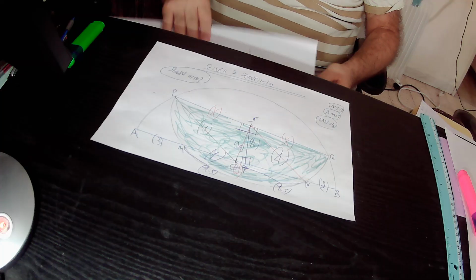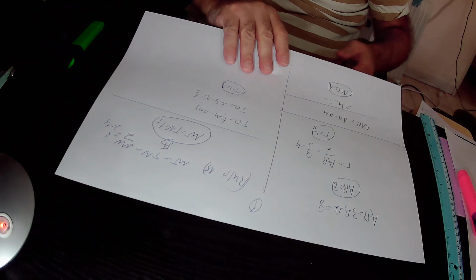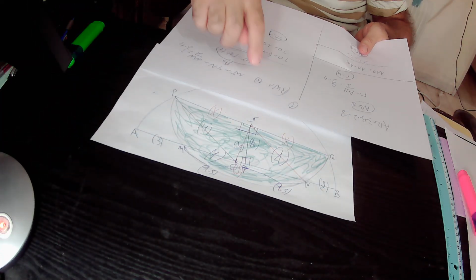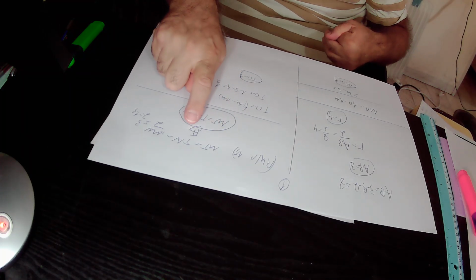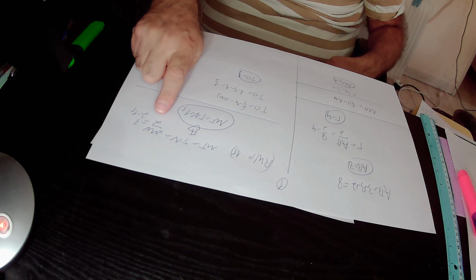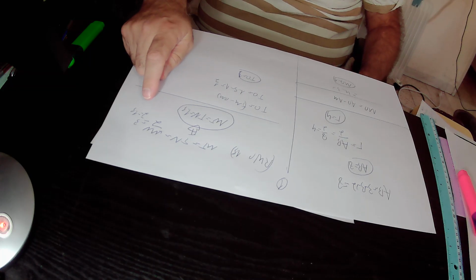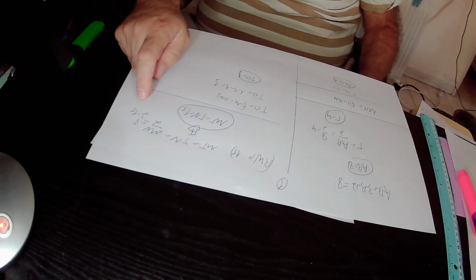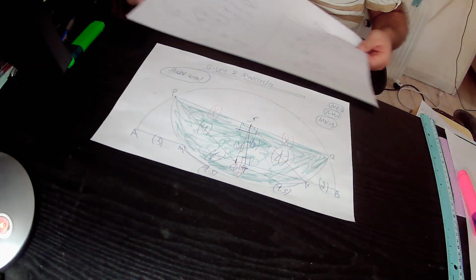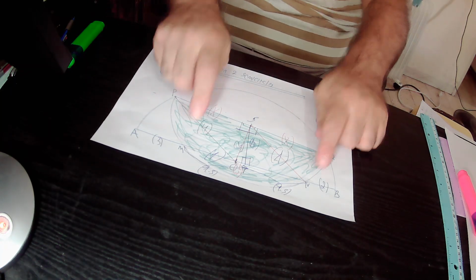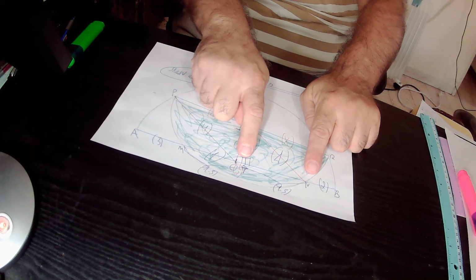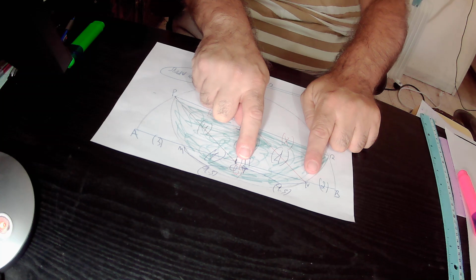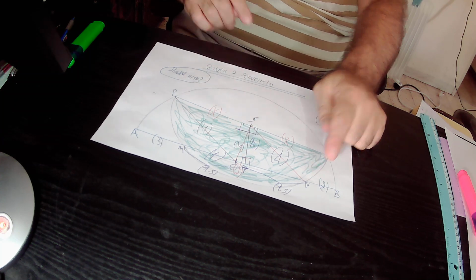So the first half MT must be equal to the second half TN, and each half must be equal to MN over 2. MN is 3, so MN over 2 is 3 over 2, that is 1.5. So MT is 1.5, and of course the second half TN is also 1.5 units in its length.